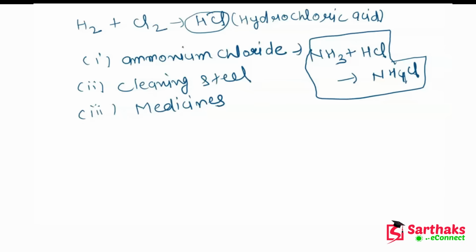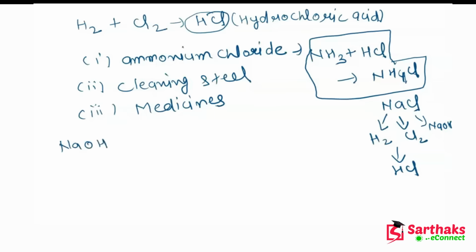Now guys, you might be surprised that NaCl, our common salt, has produced lots of things: hydrogen, chlorine gas, NaOH, and then HCl. Now I will tell you about bleach. What is bleach?